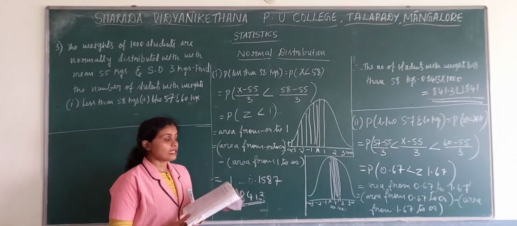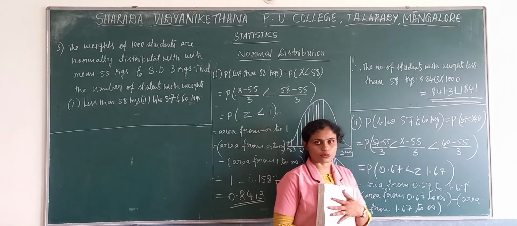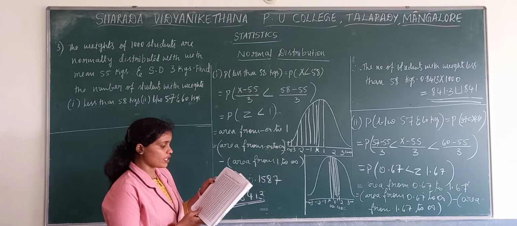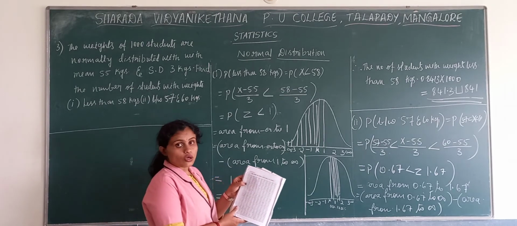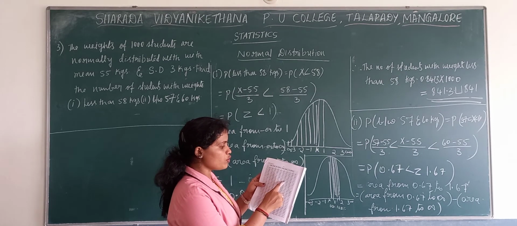Now see the statistical table where the positive values of the normal distribution are given. There you need to see 0.67. You see the row 0.6. There which column you need to see? The 7th column you need to see.